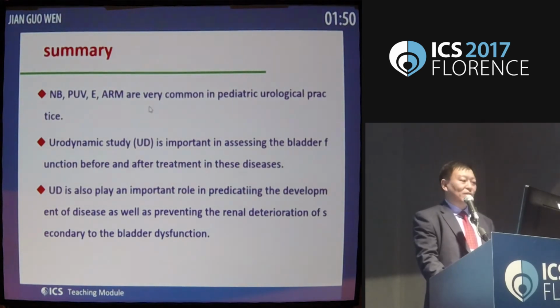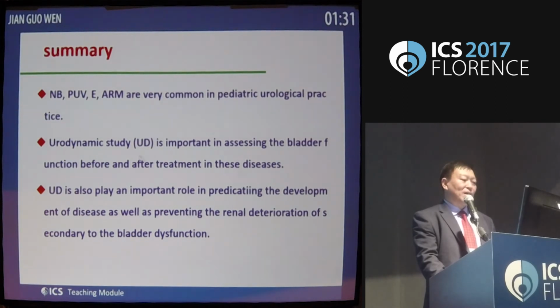To give a summary, in my overview, the four diseases, neurogenic bladder, posterior urethral valve syndrome, bladder exstrophy, and anorectal malformation, are very common in pediatric urological practice.